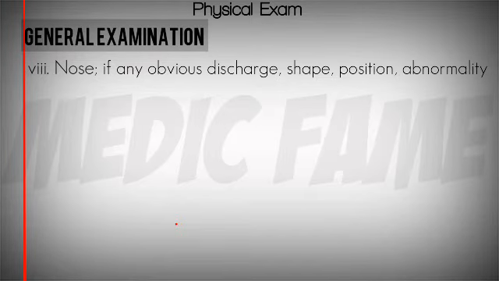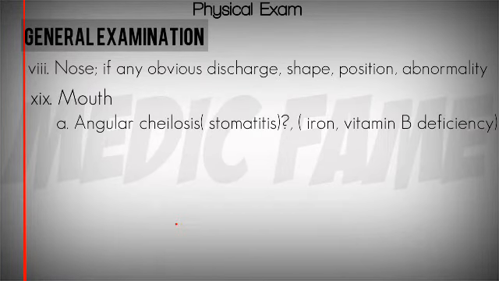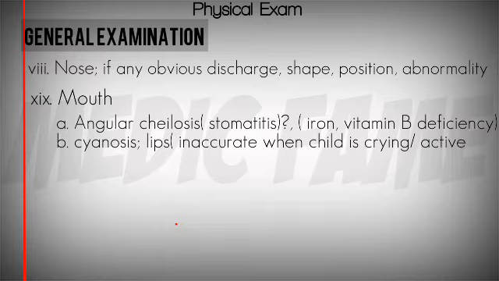Number 9, we examine the mouth, on which we look for angular cheilosis or stomatitis, which indicates iron and vitamin B deficiency. Then we look for cyanosis on the lips. We also look for dry, cracked lips.